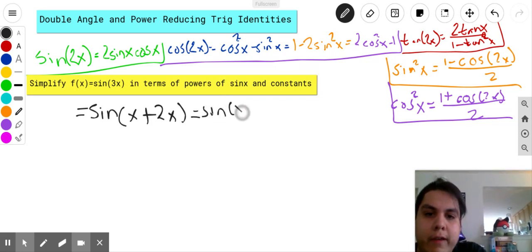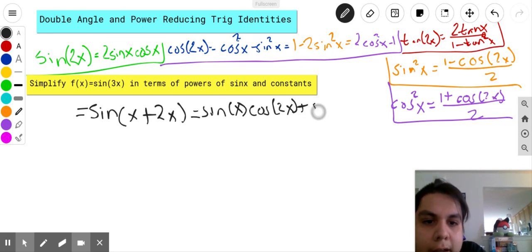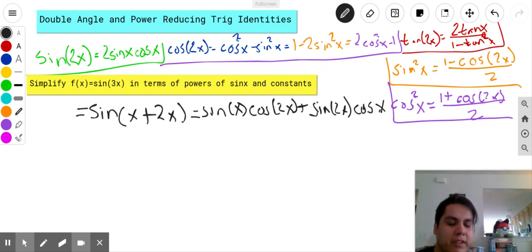sine of x times cosine of 2x plus sine of 2x cosine of x. Or we can switch out the order and write cosine of x sine of 2x in that last part.